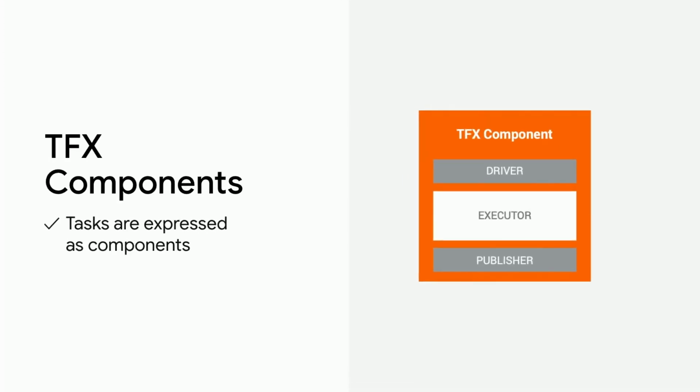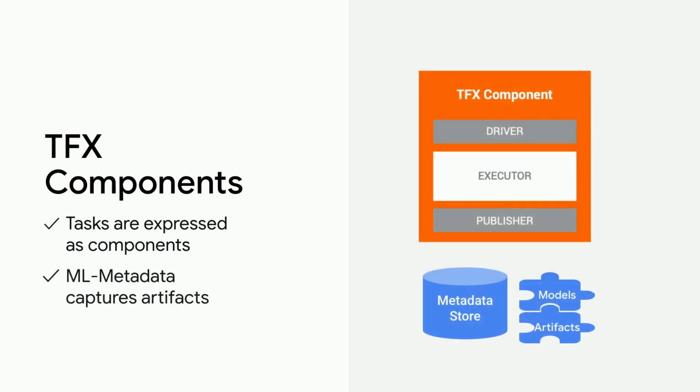Let's take a quick look at how TFX components work. First, think of each component as performing some task. For example, a component called ExampleGen ingests your data into your pipeline, and another component called Trainer trains your model. Along the way, the inputs and outputs for each component are referred to as artifacts.